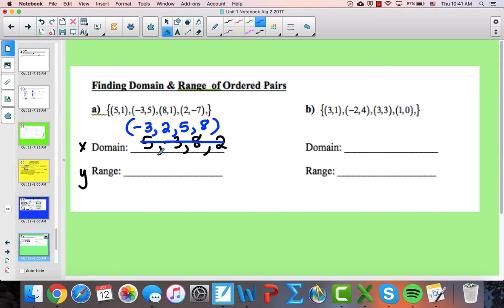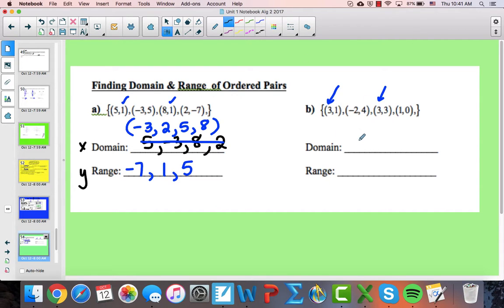Range, you then look at the y values, and let's do it from the get-go in order. So we would do -7, 1, and 5. Now you might notice even though I have repeated y's, I don't have to repeat them in the range. All right, let's look at the domain on this one. Now, we already determined that this one wasn't a function because it had repeated x's with different y's. But a relation can have a domain and a range.